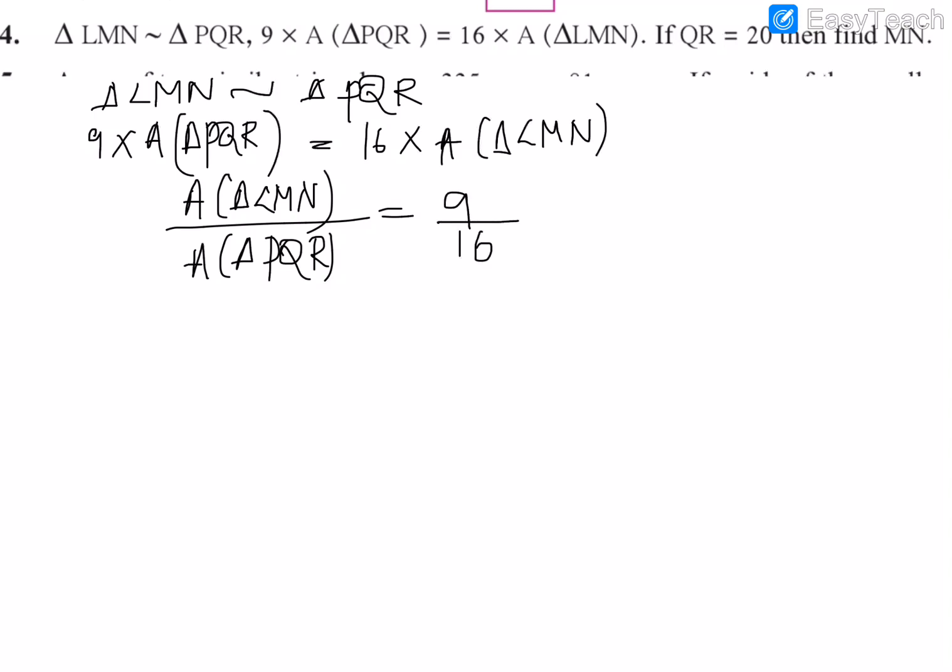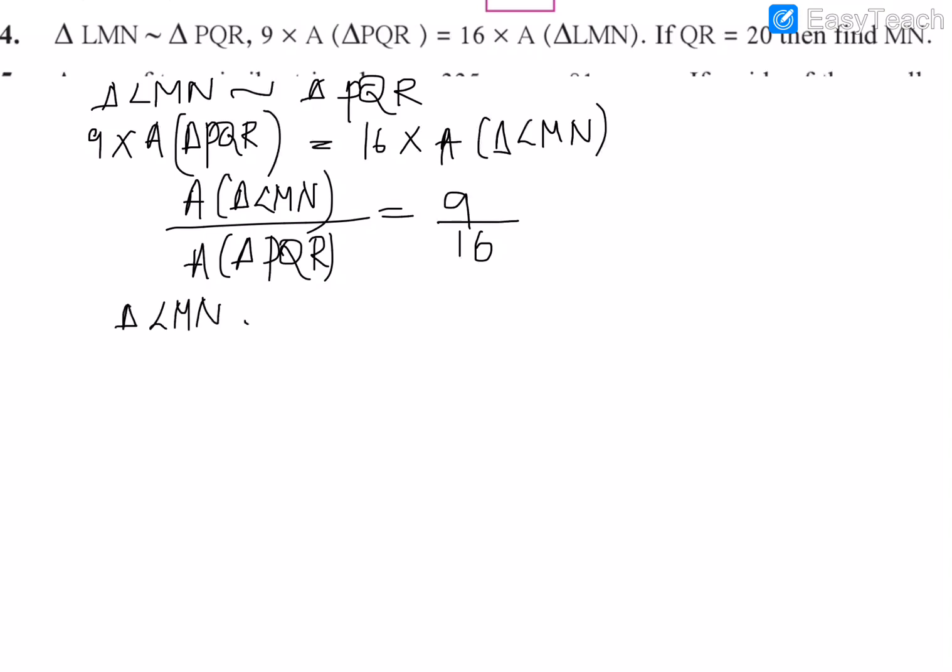So now I get the ratio of the areas of the two triangles as 9 by 16. Now, the one side that is given is 20. QR of the second triangle is given as 20, and we have to find MN of the first triangle. So we can write the ratio of QR and MN. You can see they are corresponding sides, MN and QR.